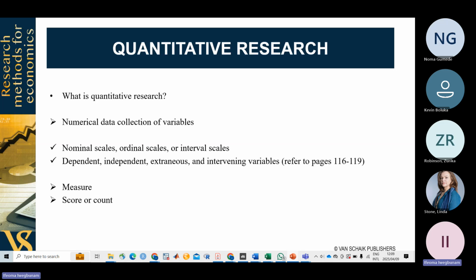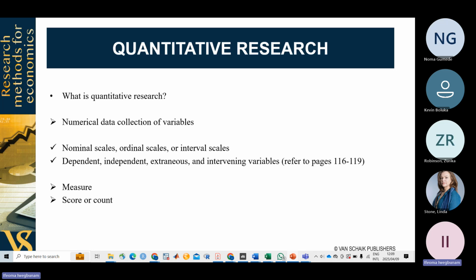And if one might ask, what is quantitative research? It simply means the collection of numerical data or variables that is required to answer the question and to look at all the areas of the research you want to get into.